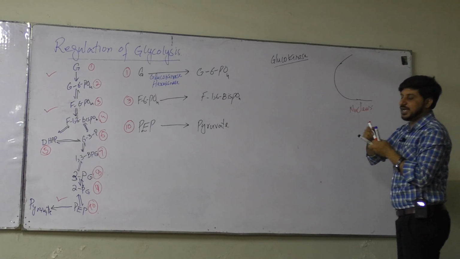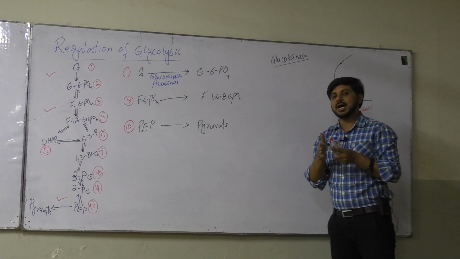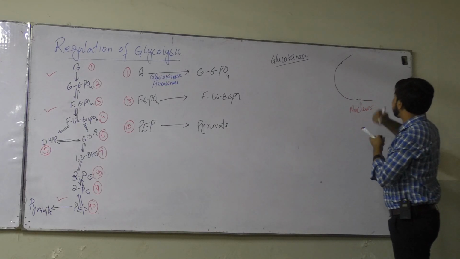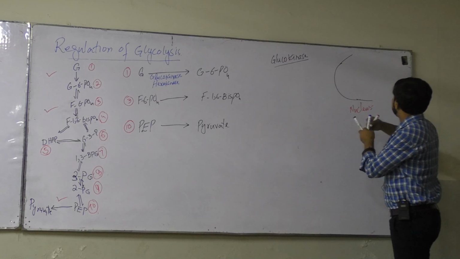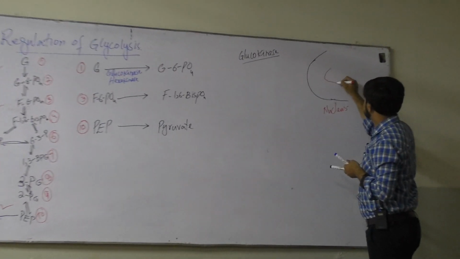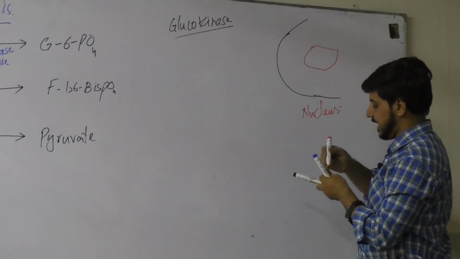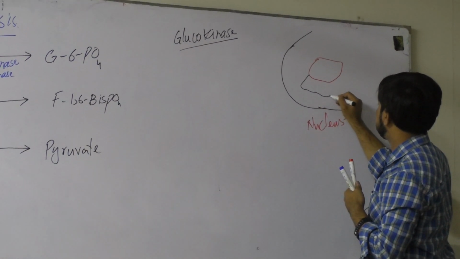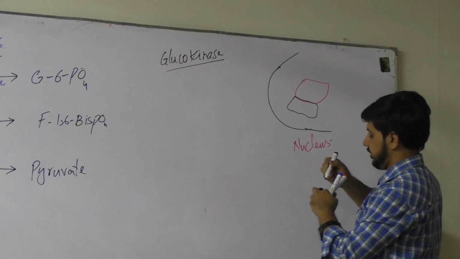This glucokinase is attached with our regulatory protein inside the nucleus. And what is that protein? Suppose we say that this is the regulatory protein and this is the enzyme.